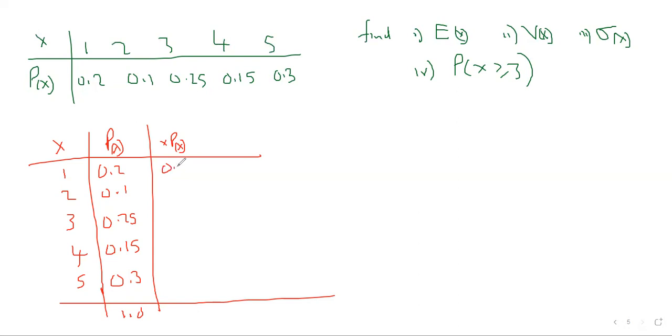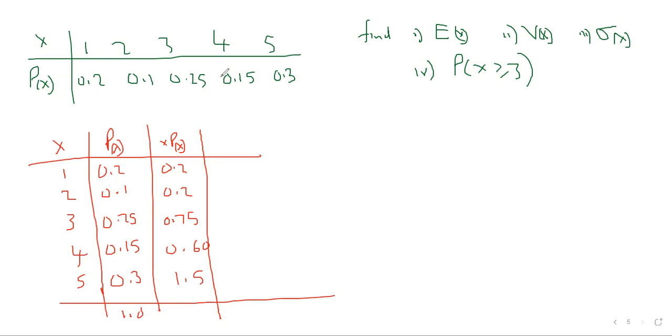So 0.2, 0.2, 0.75, 0.6, and finally, what do we get? 1.5. The total here is our mean.